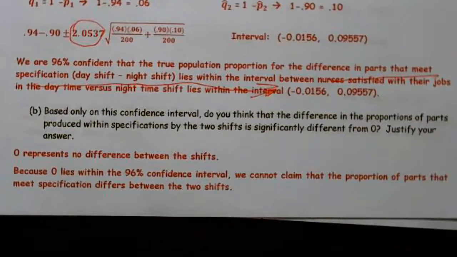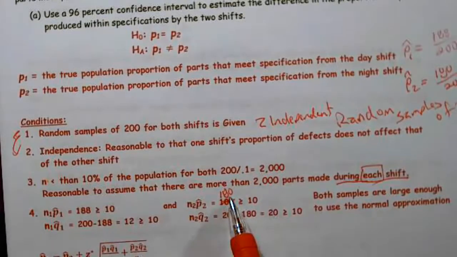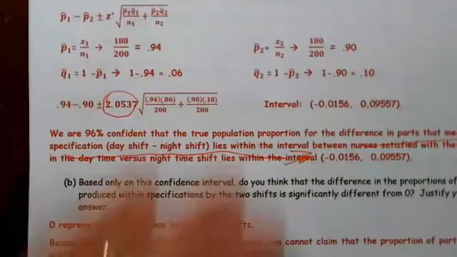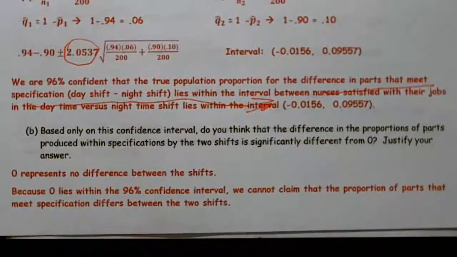So while we can look at the numbers and say, the night shift only had 180 good parts, and the day shift had 188, so there is a difference, but it's not statistically significant. That could happen by random chance alone if there was no difference.